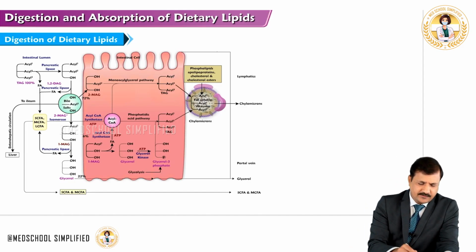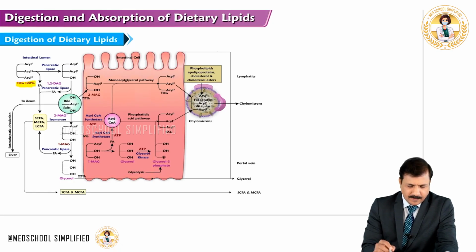So just to quickly revise, let me highlight some of the important points. In the intestinal lumen we have triacylglycerol, cholesterol ester, phospholipid, vitamin A, D, K, all of them coming in.